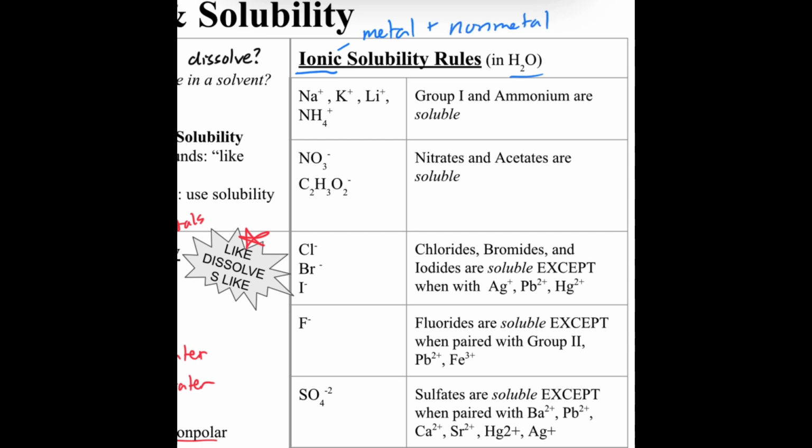All right, so can this thing dissolve in water? We have to look at our table, okay? So the table just has a few rules to tell you what types of ions are likely to dissolve well in water, because not every single ionic substance will dissolve in water. Some will and some won't.